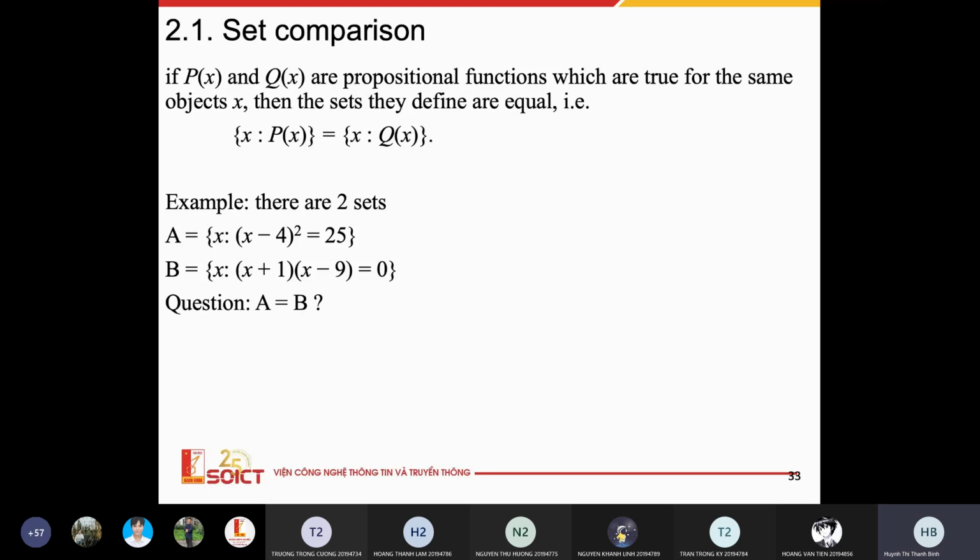There are two sets. The question is, is A equal to B?